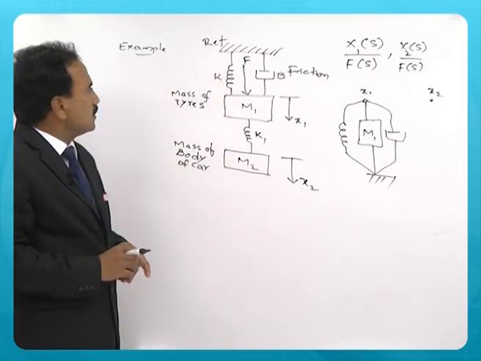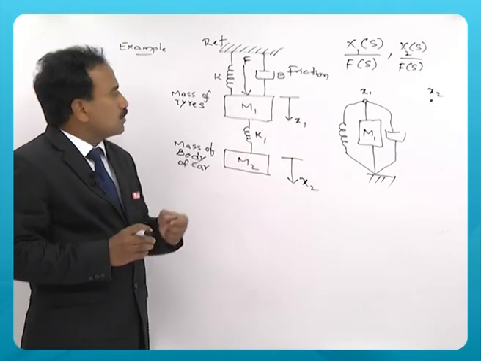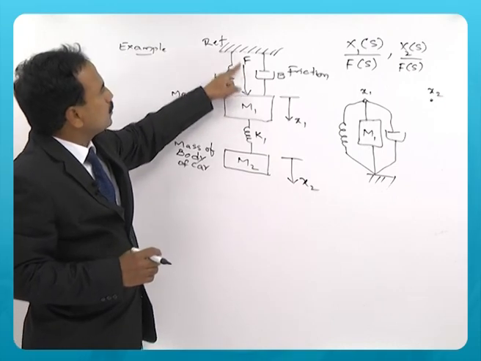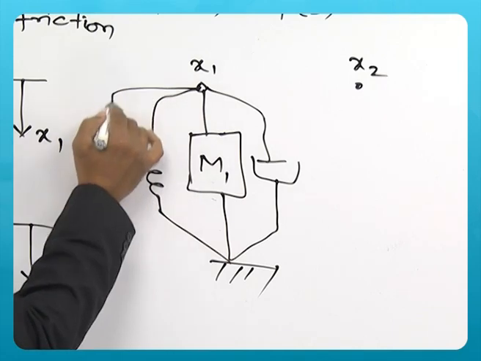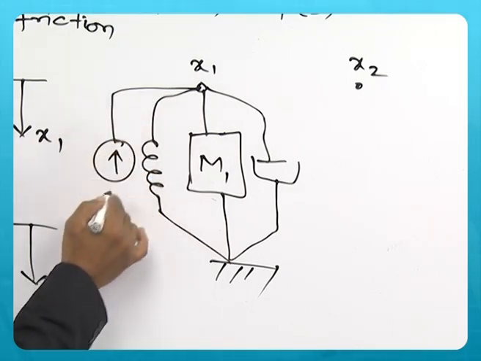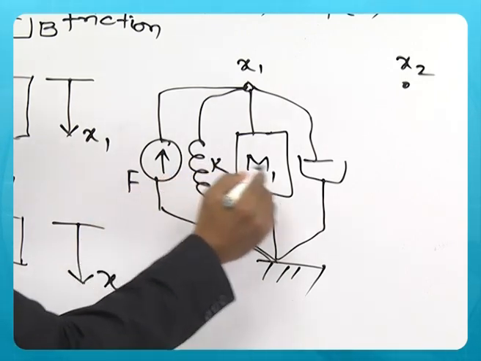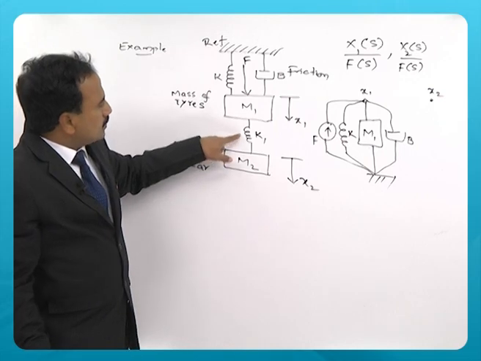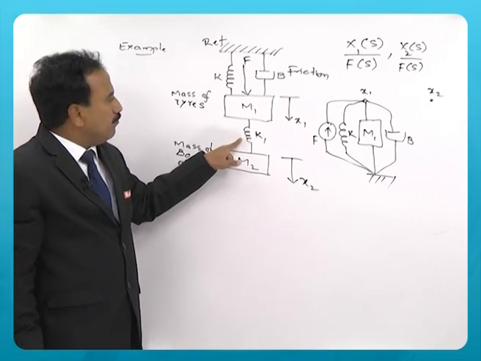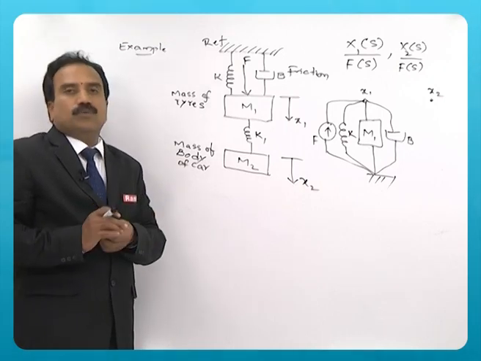All three, mass, K and friction, are connected to displacement x1, and of course there is a force also applied on mass 1. So, this can be represented like this, F. This is K, this is B. Now, you can see that this is the element spring K1 connected between the x1 and x2 nodes.